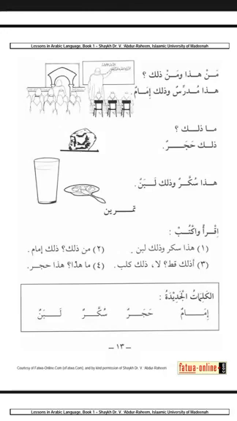From this lesson, we have new words that are not mentioned in lesson 1. Some of the words have been mentioned in lesson 1 and we have learned them before, but there are some new words that we have not learned. Those are referred to as al-kalimatul jadida. Al-kalimat is the plural form of al-kalima.